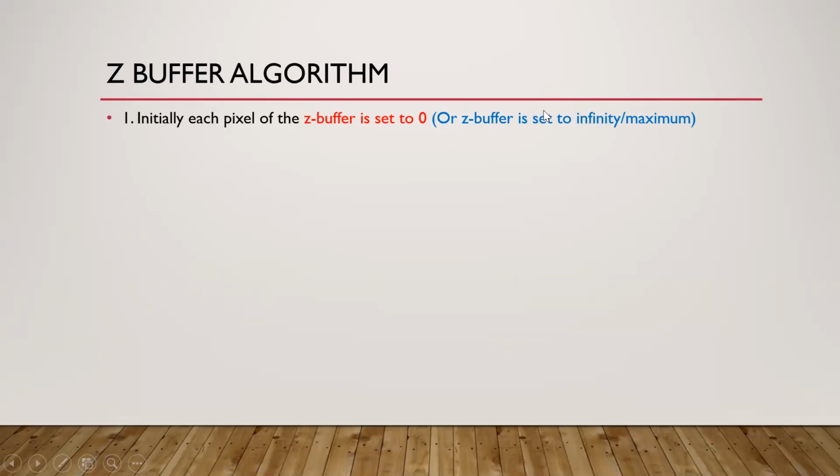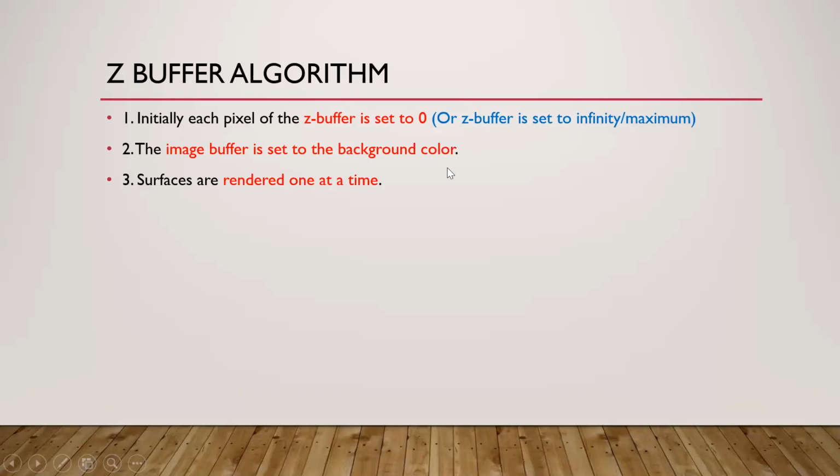Either case can be followed, but based on your initialization certain steps will differ. The second step is that the image buffer is set to the background color. That means before you start painting, the initial color of your object is the background color. Then, as I said, the surfaces of the polygon are rendered one at a time.